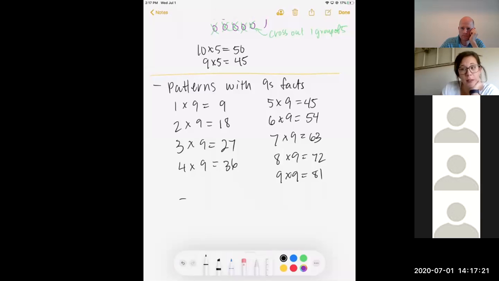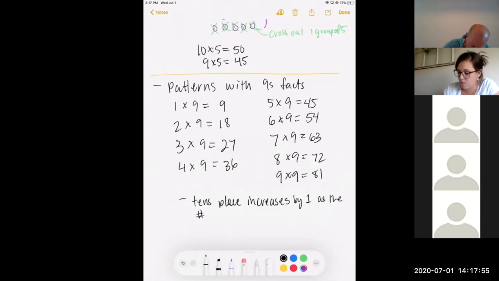As your first number, not your 9 obviously, but as the other number gets bigger, the tens place gets bigger by 1. It's like you go 0, 1, 2, 3, 4, 5, 6, 7, 8, 9, and then you go backwards on the ones. So yeah, the tens place increases by 1 as the number you're multiplying by 9 increases.